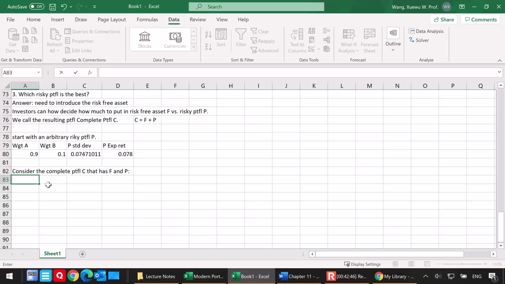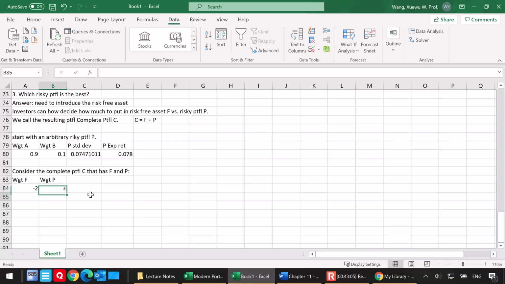I'm going to look at the weight on the risk-free asset and the weight on the risky portfolio, and at some interesting cases where I put a -2 and a +3. So what is this?